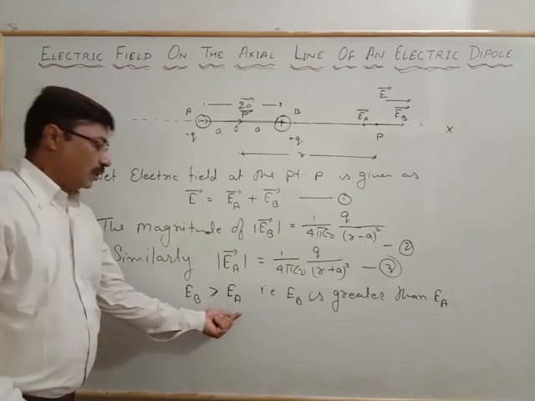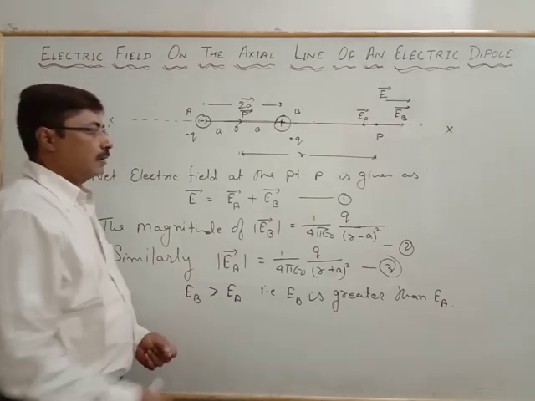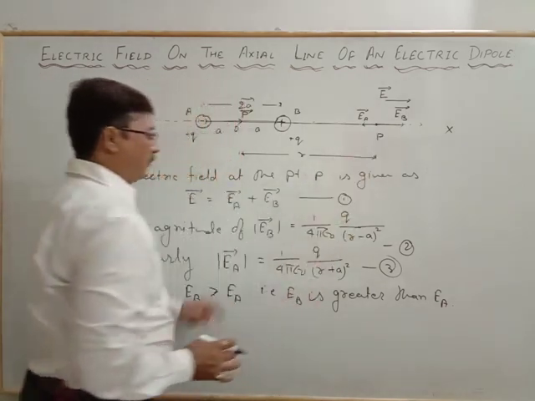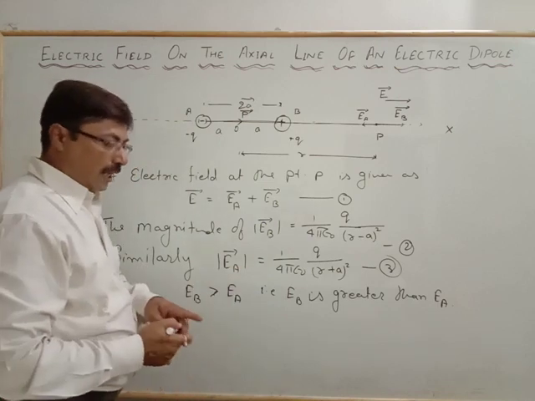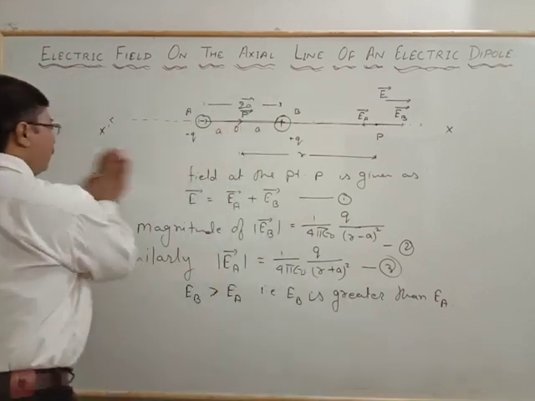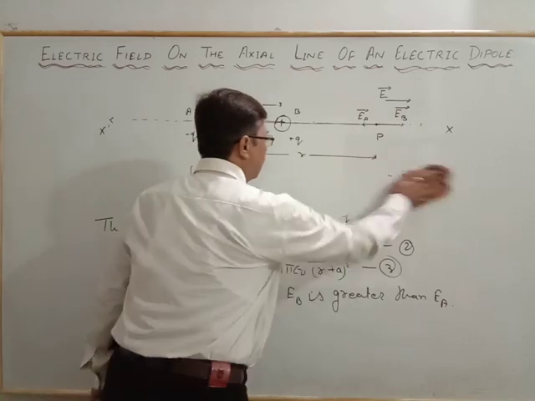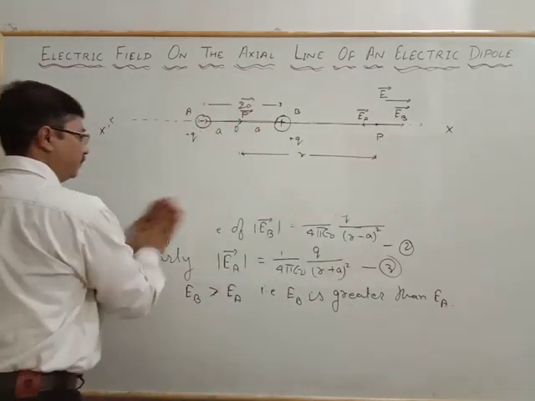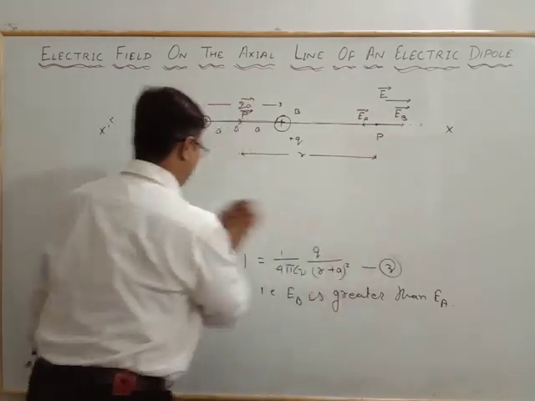Now we subtract the values of these two magnitudes and we get the electric field here.